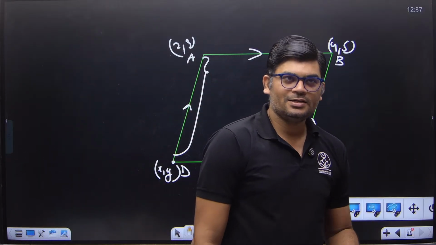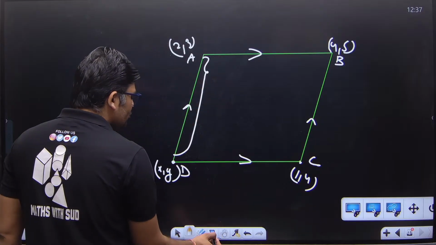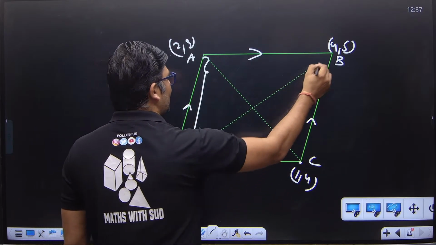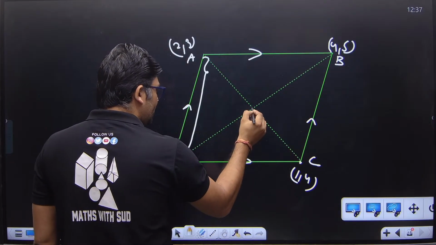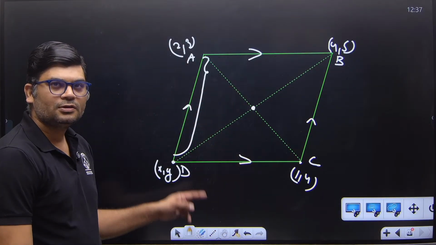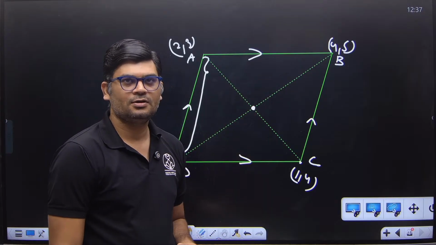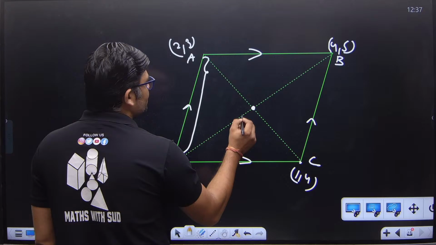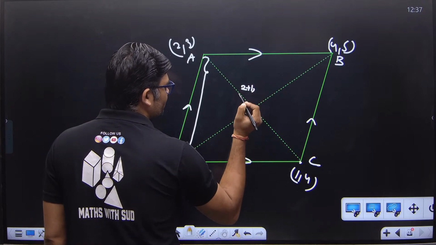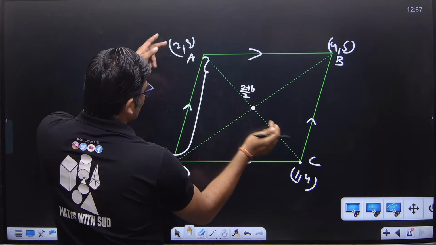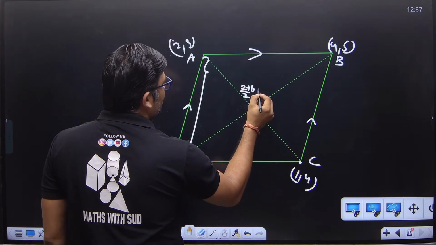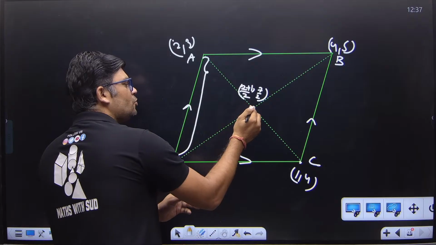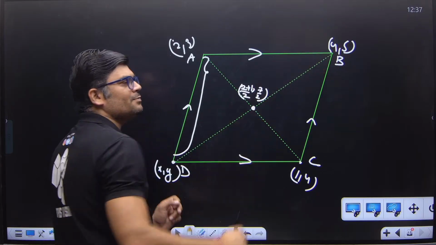So the good idea is to take the liberty of one property of parallelogram, that the diagonals bisect each other. Bisect each other means this midpoint is going to be 2 plus 1 by 2, and 4 plus 3 by 2, that means 7 by 2. This point is going to be this, and this should be the same point for the midpoint of these 2 points as well.